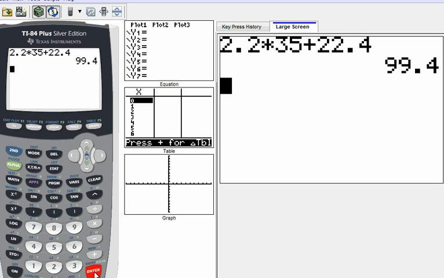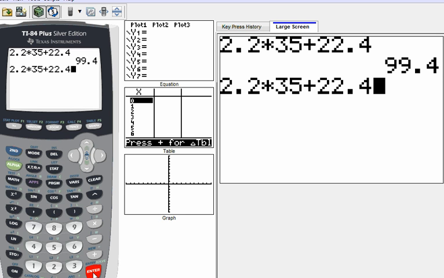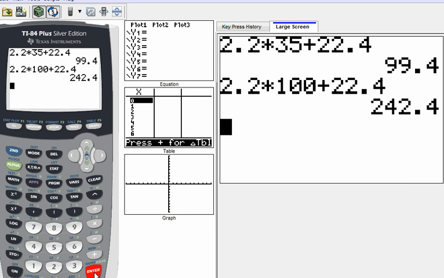Okay, and then we also wanted to predict what if there were 100. So I'm just going to redo this, and instead of 35 in there, I'm going to put 100. Enter. And that would predict our heartbeats to be about 242.